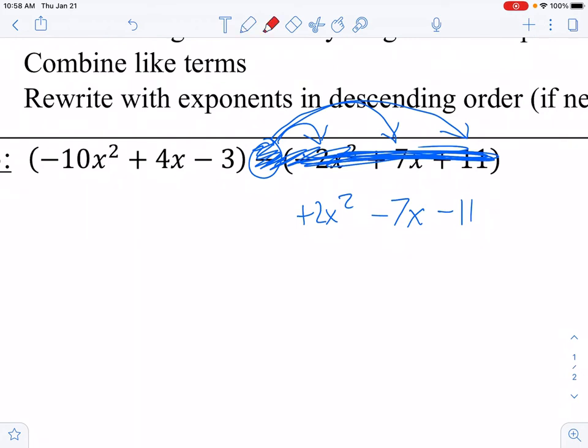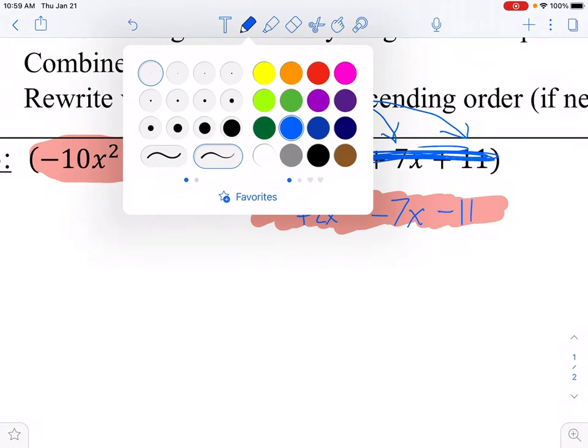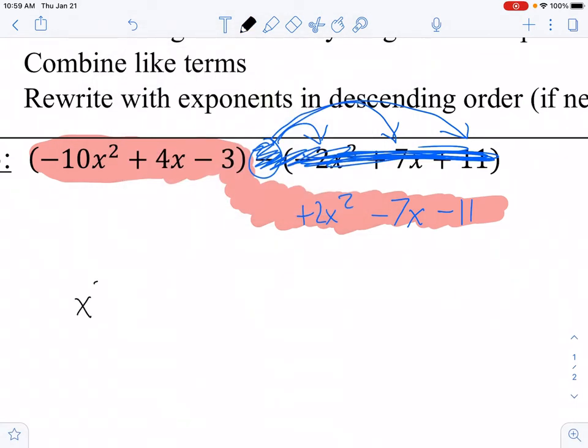So now I'll highlight what we're using. We're going to use all of this, and we're adding it or combining it to this. So now I'm going to do the same thing I did in my other example when we were adding. I'm going to look for my largest exponent. I have x to the second. And I'm going to work all my way down, x to the first and regular numbers.